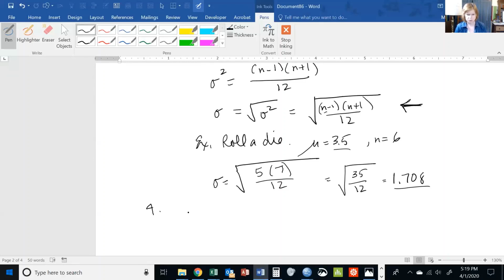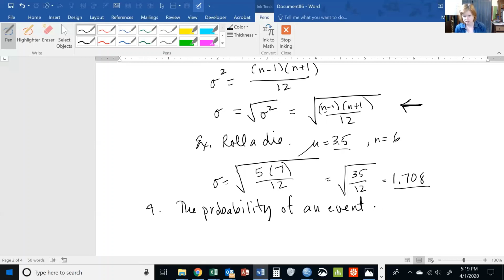All right, so sometimes we want the probability of a set of outcomes. So the probability of an event, again, we're still talking about the discrete uniform distribution.